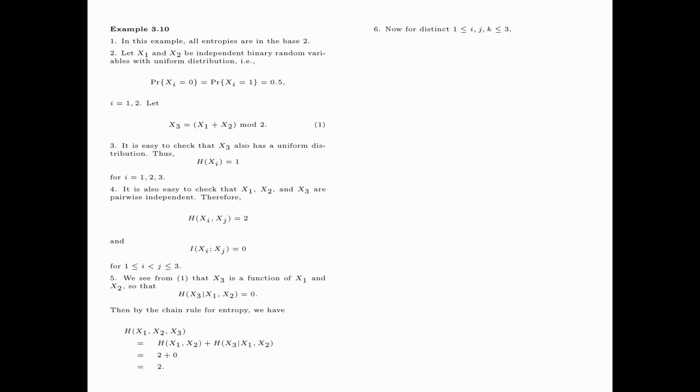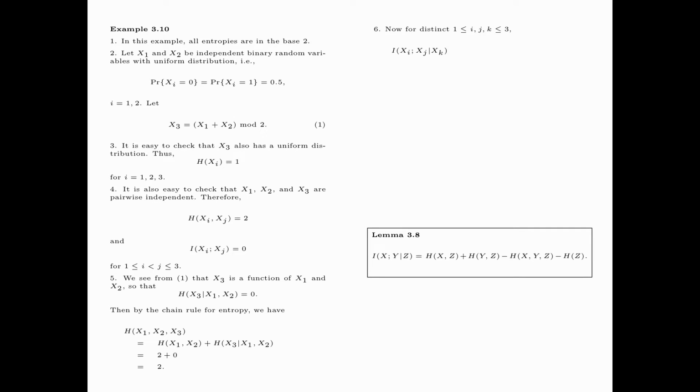Now for distinct i, j, and k, we have the conditional mutual information between xi and xj given xk, by lemma 3.8, is equal to entropy xi, xk plus entropy xj, xk minus entropy x1, x2, x3 minus entropy xk.